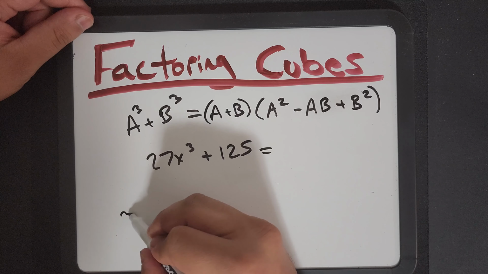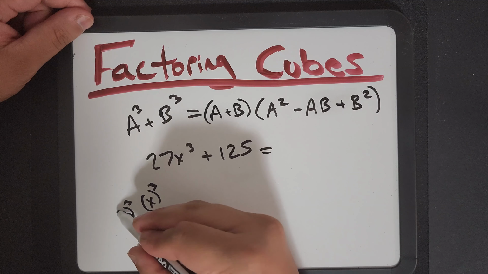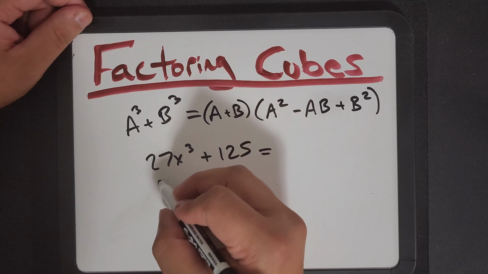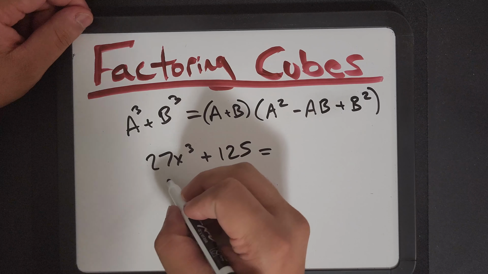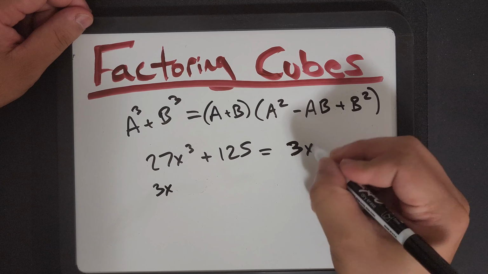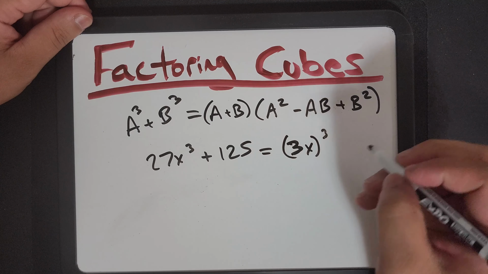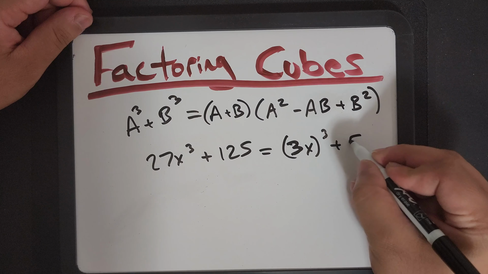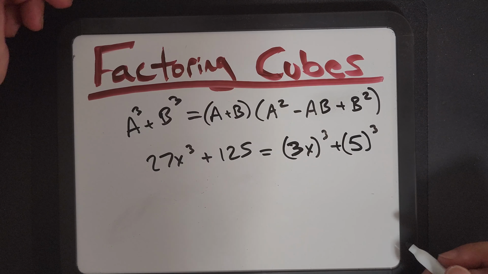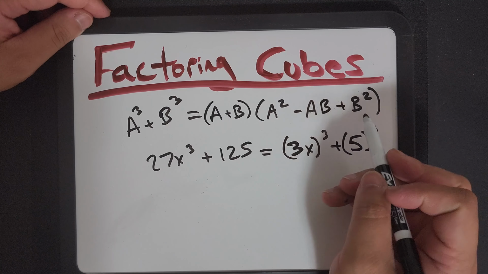We know 27 is 3 cubed, x cubed is x cubed, and the powers come together, power of power, so we have 3x cubed, and 125 is the same as writing 5 cubed, because 5 times 5 is 25, times 5 is 125.